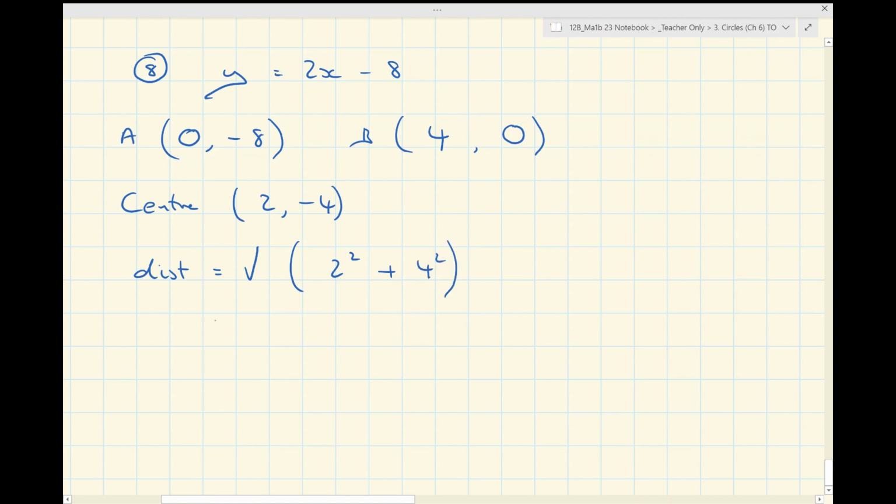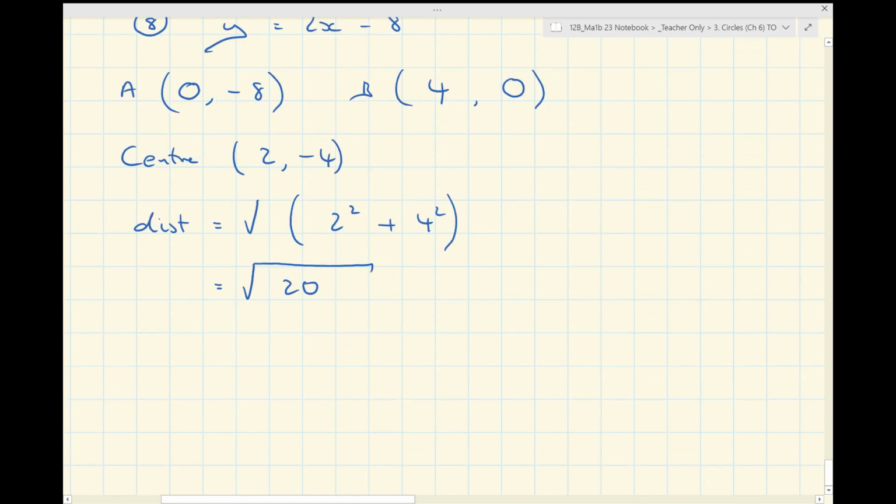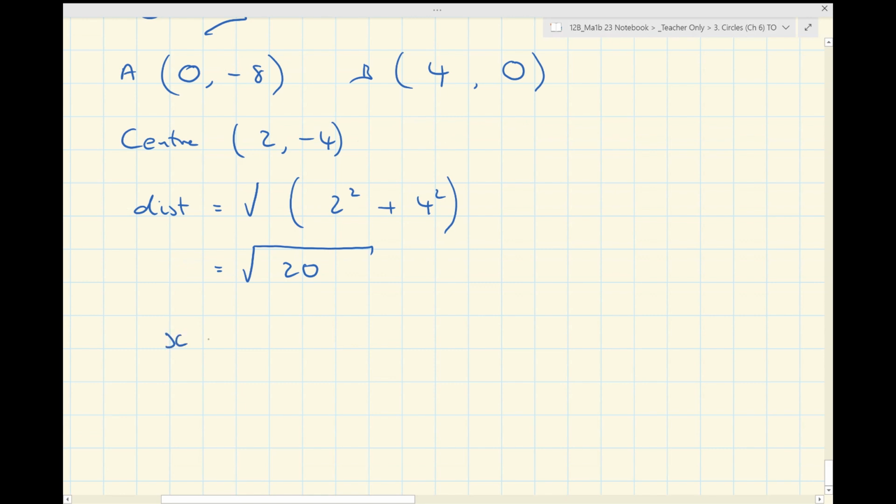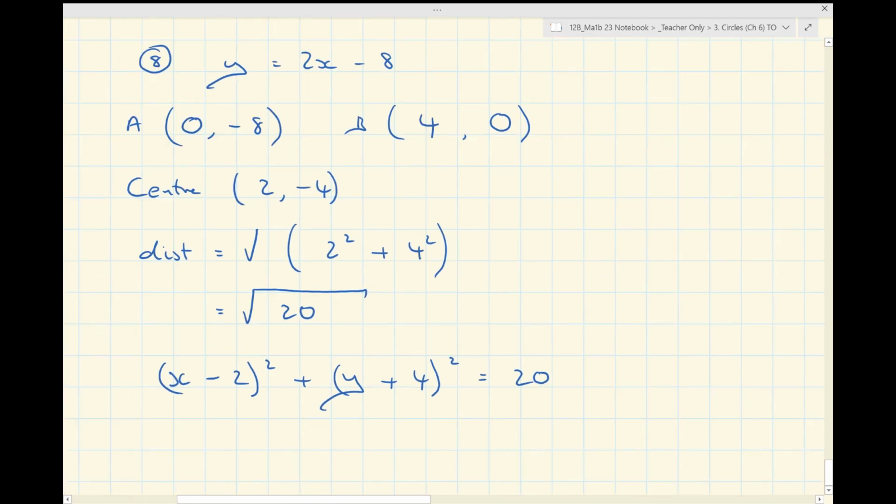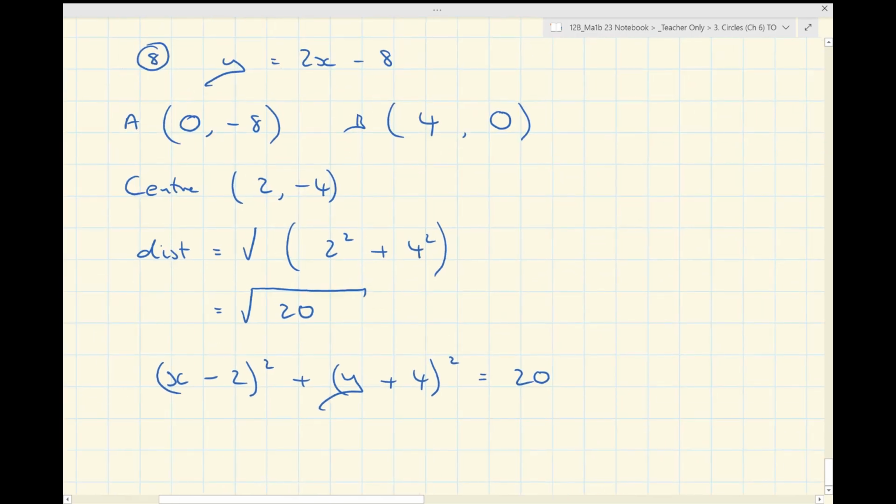So the distance from the center to B, which is the radius of the circle, of course, is the square root of 20. So now I can write down the equation of the circle: x minus the x coordinate of the center, squared, plus y minus the y coordinate of the center, squared, equals the radius squared. So square root of 20 squared is 20. That is my answer for question 8.